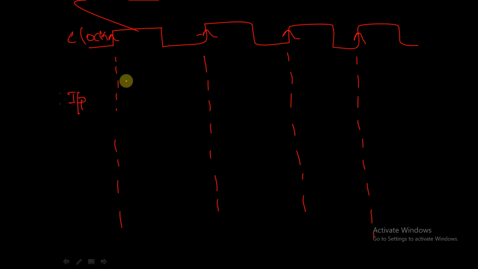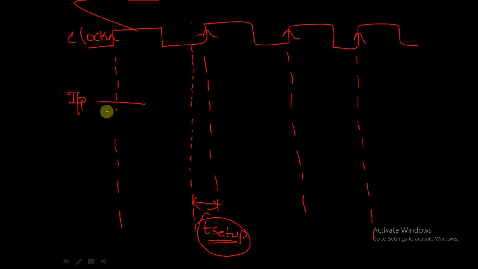To avoid setup time violation, that is so the input is recognized correctly, let's say this is the setup time, T setup. So before this time interval only, I should provide my input. Okay, I have provided my input here.